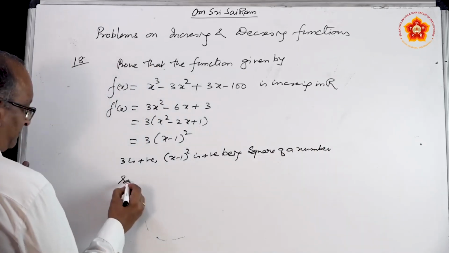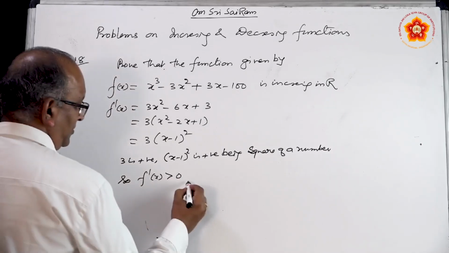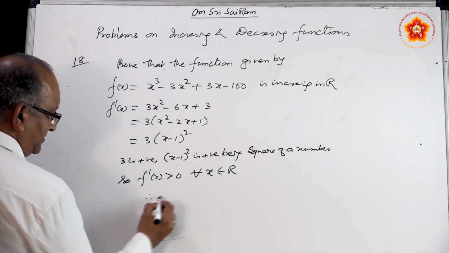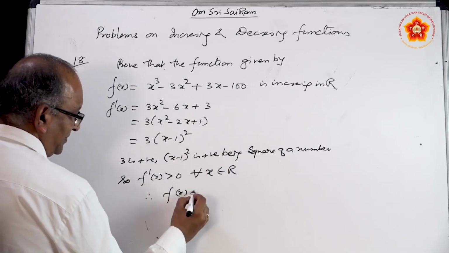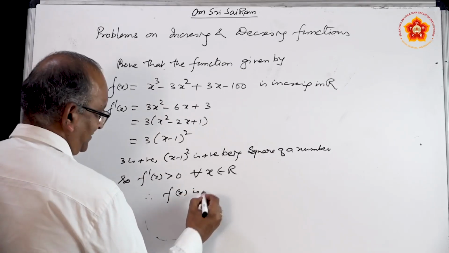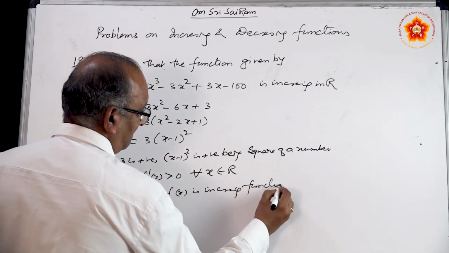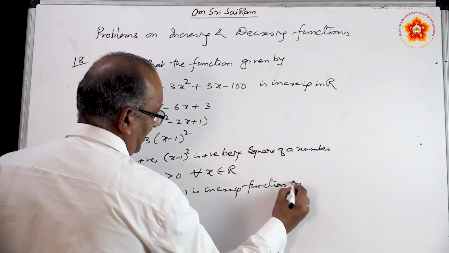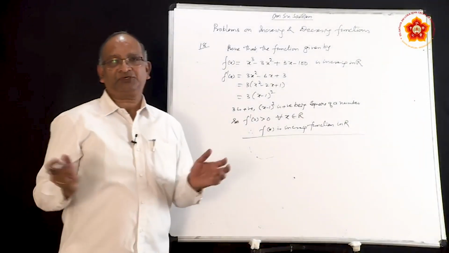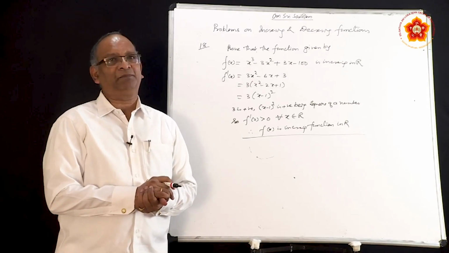So, f dash x is greater than 0 for all x belongs to real number. Hence, f x is increasing in R. This is the conclusion. I am sure all of you have realized that the problems are quite simple.